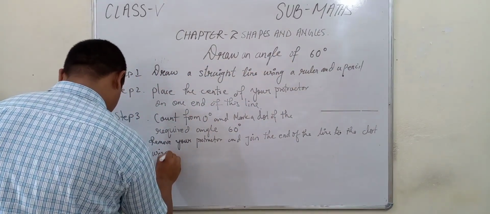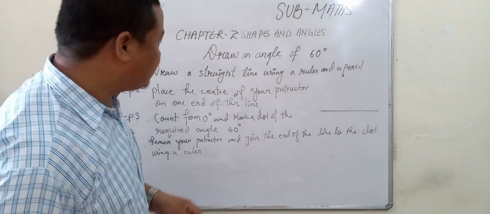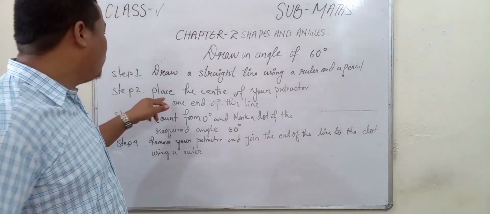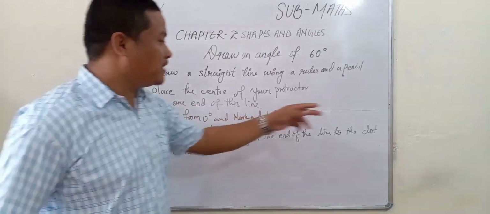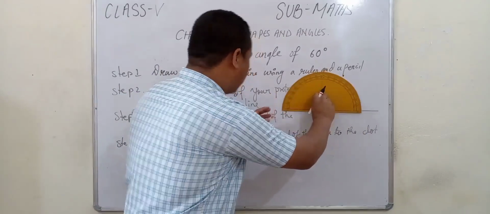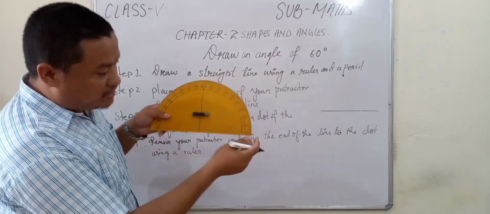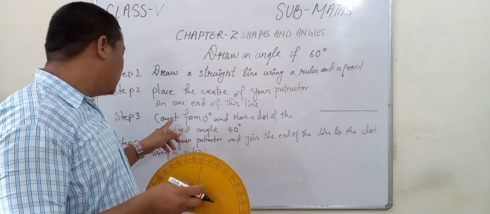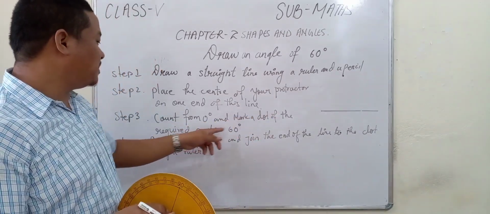Now you see, our first step, we draw a straight line, and step 2, place the center of your protractor on one end of this line. Either you can keep it here or here. I kept it here on my protractor. So third step, count from 0 degree. 0 degree starts from here. Look, 0, 10. So count from 0 degree and mark a dot of the required angle of 60 degrees.